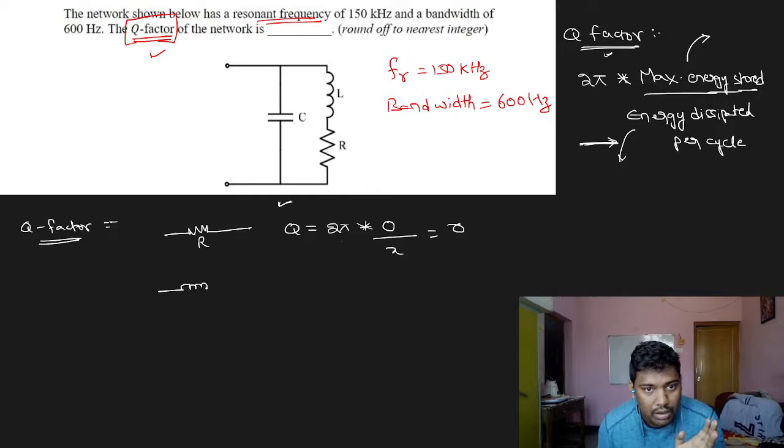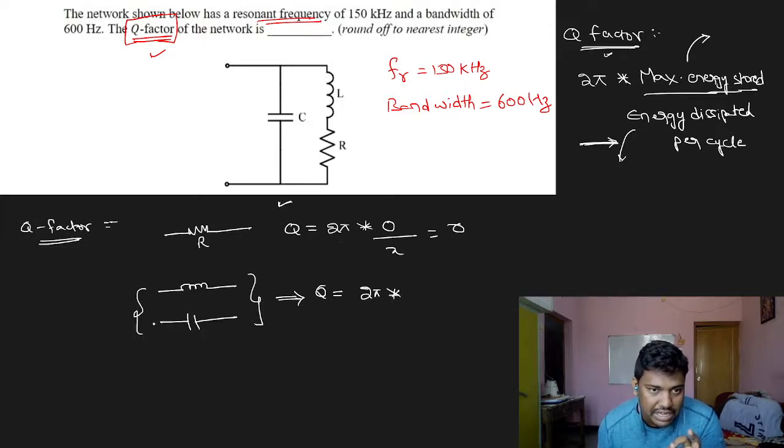Then for a purely inductive or purely capacitive circuit, what is the Q factor? 2 pi into maximum energy stored. These are energy storing elements. Energy stored in an inductor will be half L i square, divided by the energy dissipated. There is no element for dissipating energy, so energy dissipated will be 0.